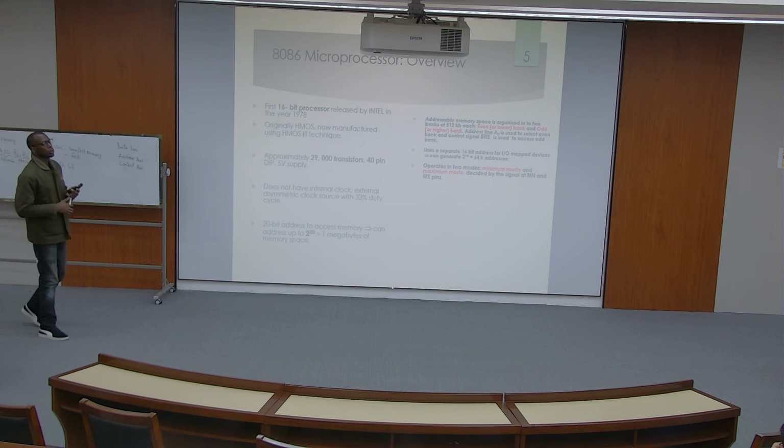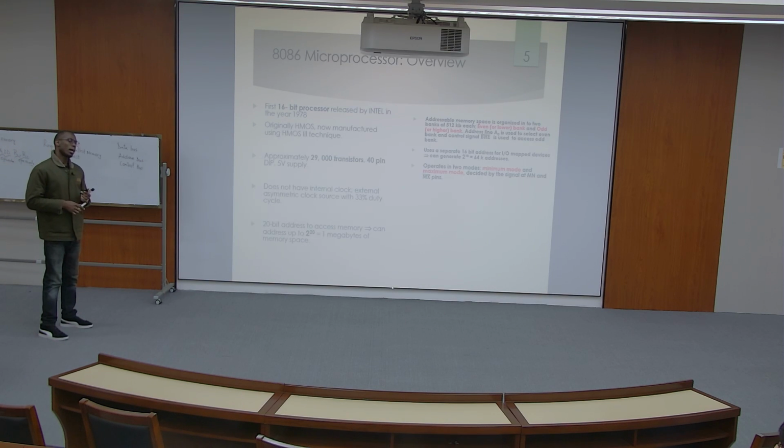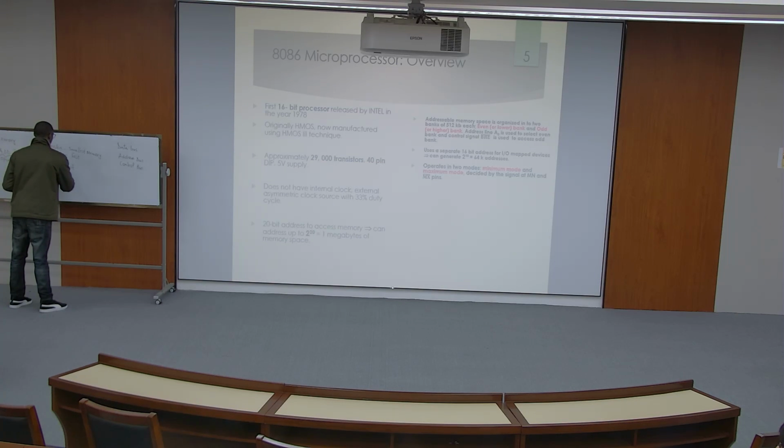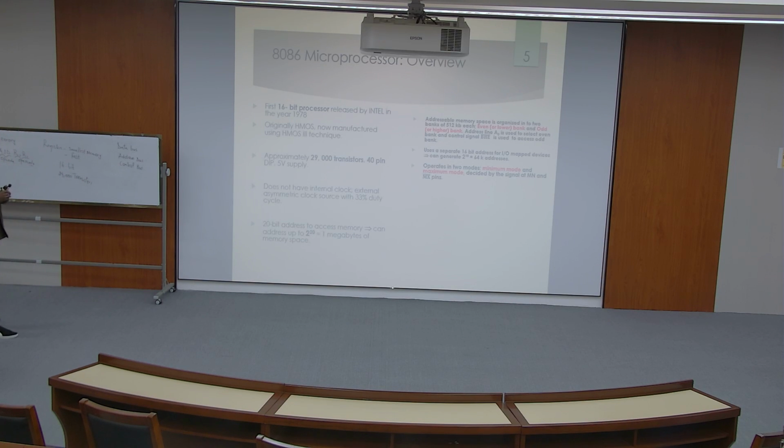Originally, it used what we call HMOS, high density metal oxide semiconductor. It had 29,000 transistors, which is also a key feature of the 8086 microprocessor, and it had 40 pins in a dual in-line package.